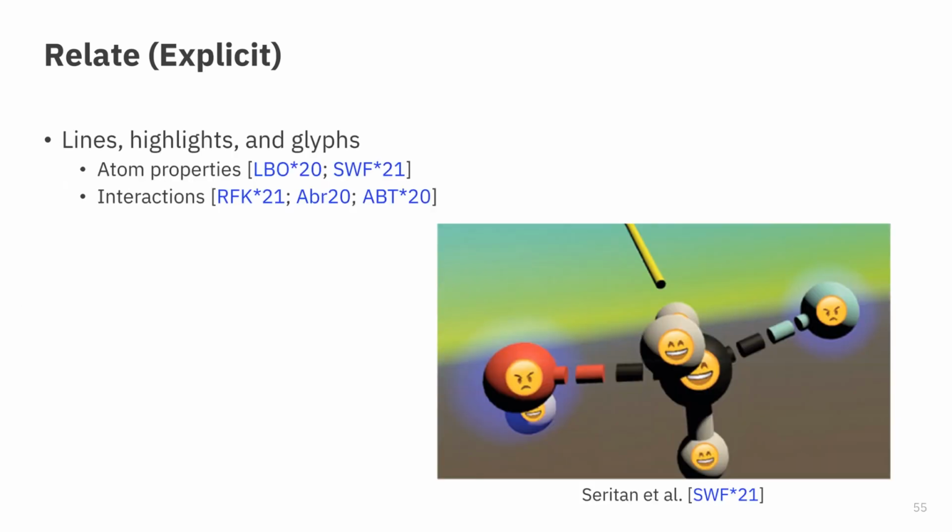Finally, the most common method to encode relationships and properties is via explicit visual elements, such as lines, highlights, and glyphs. The main reason is that, in comparison to desktop applications, it is more challenging to use multiple coordinated views. Hence, the relationship is typically encoded by spatial objects themselves, such as by emojis on atoms in the figure here.